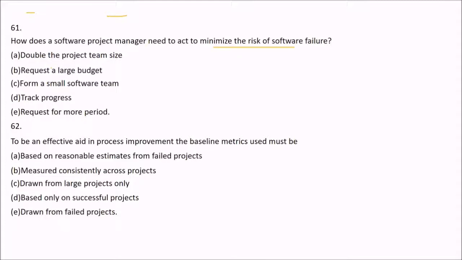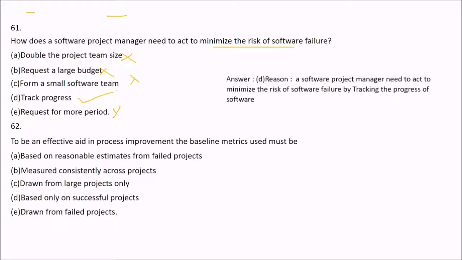First is to double the project team size, request a large budget, form a small software team, track progress, yes, and request for more period, no. So the answer is a PM needs to act to minimize the risk of failure by tracking the progress of the software, and if it is not going with schedule or some problem is there, then to apply various measures to solve it. 62.